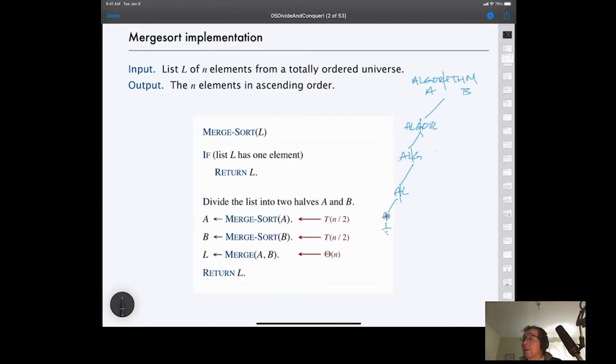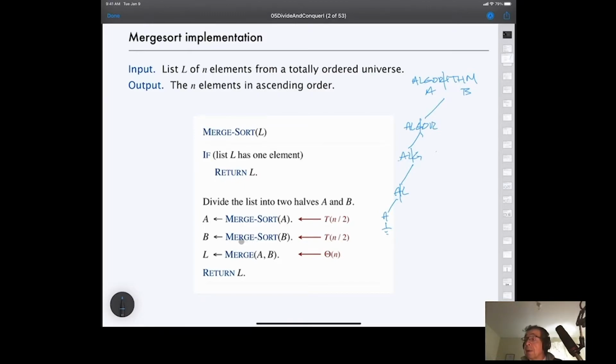So that means that now the control of the program goes to the next level up. For this level up, we are done with the left-hand side part. So we go to the second line. We return A in this case and store it in this variable.